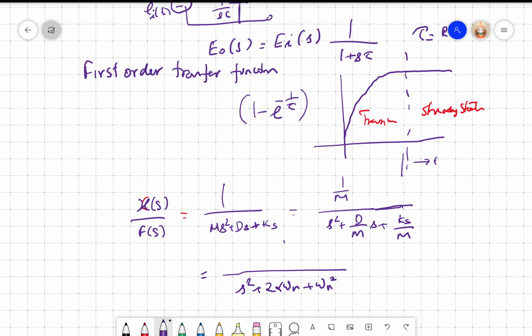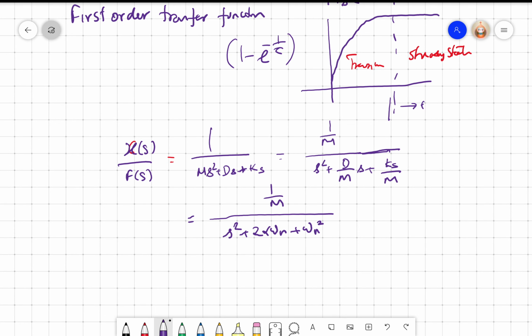So the numerator would be 1 by m. Now I look at this equation and this equation. I have just rewritten this in that format. I immediately know omega n is equal to square root of k by m, right? We call this the natural frequency of the system.